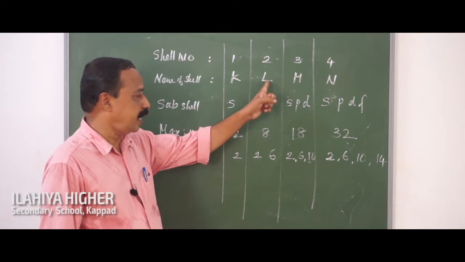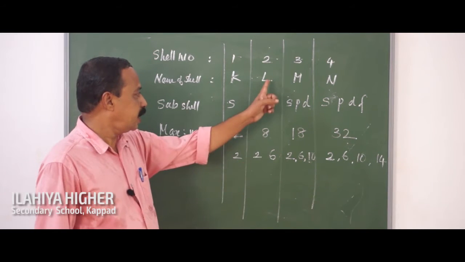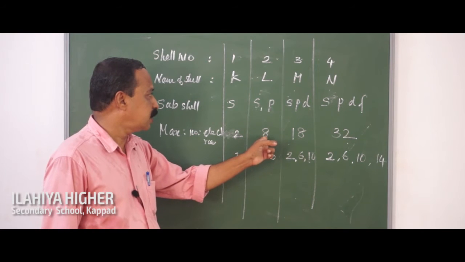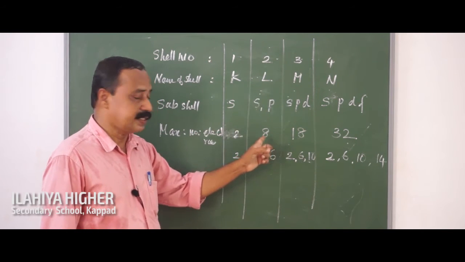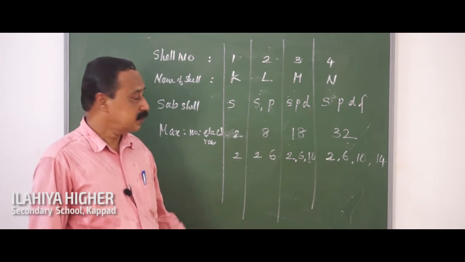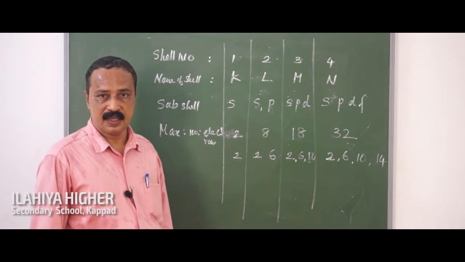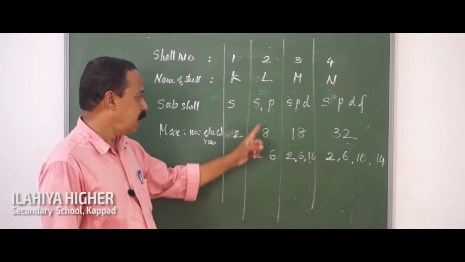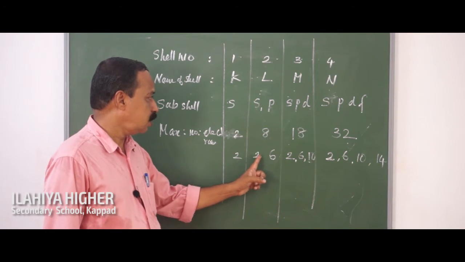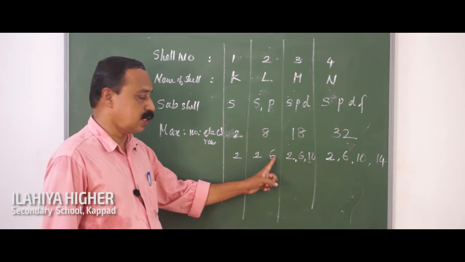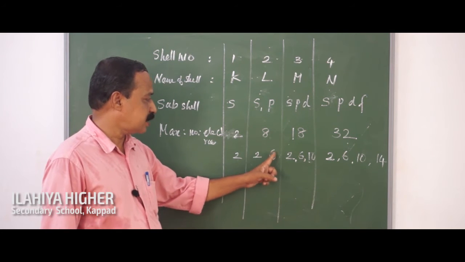The second shell is L. The maximum number of electrons in this shell is 8. There are two subshells, S and P. S has 2 electrons, P has 6 electrons. 2 plus 6, 8.